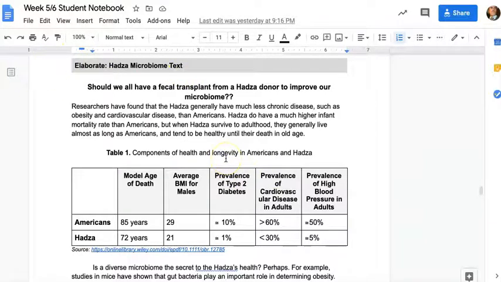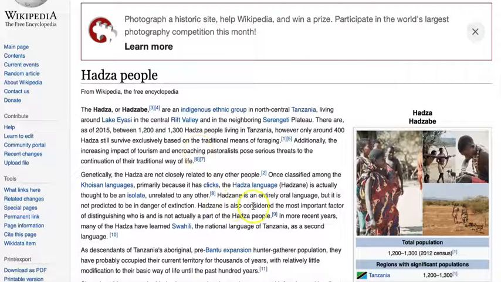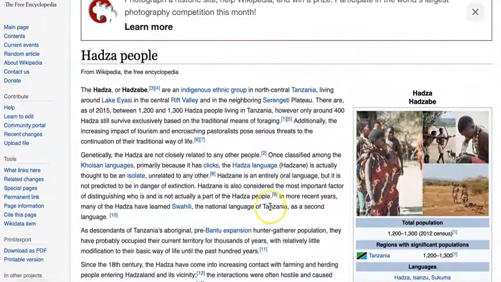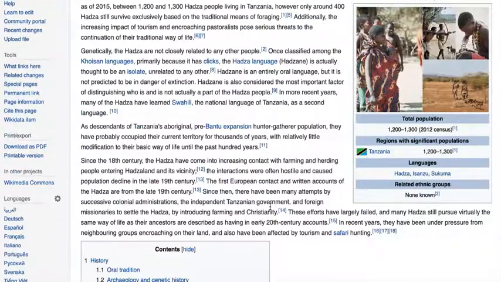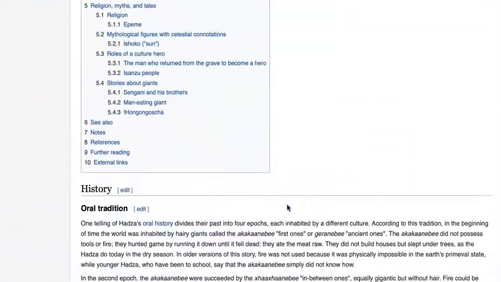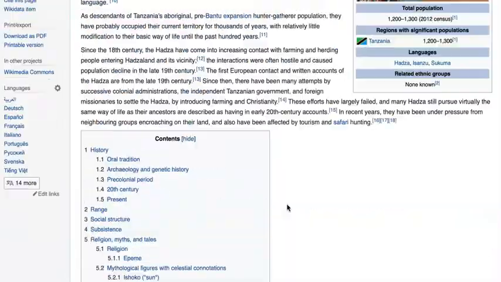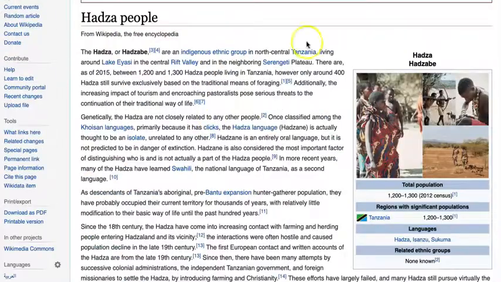All right. Our last thing today is the Hadza microbiome. So there is a group of people who are indigenous to north central Tanzania. All right. So here's the Wikipedia page about them, and based on their history, their diet, and how they eat, they have an ideal microbiome.